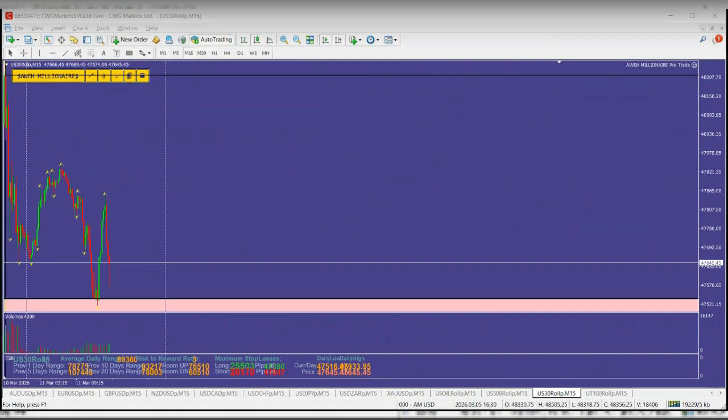This is a zone where price pushed down with volume as well.